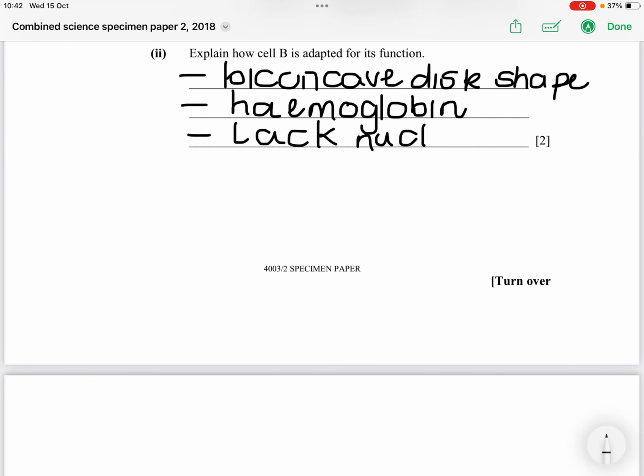They lack a nucleus, and it is not all about just saying they lack a nucleus. You're supposed to link structure to function. Why is it important that they don't have the nucleus? This is to provide more space for hemoglobin. This is going to give more room or more space for hemoglobin.